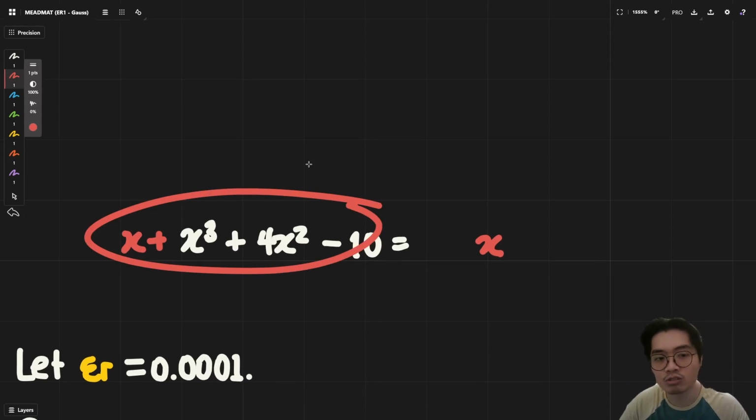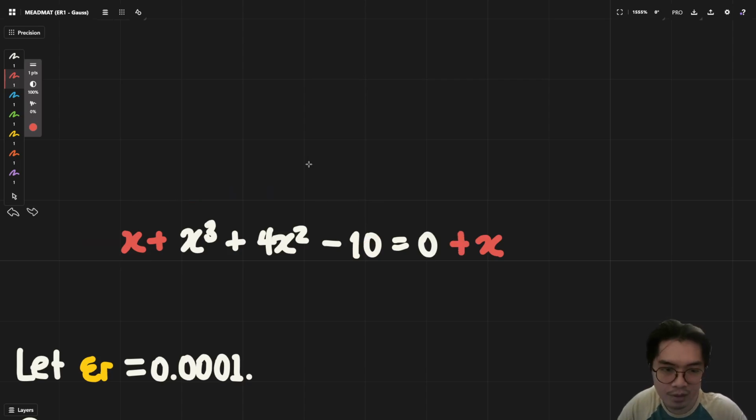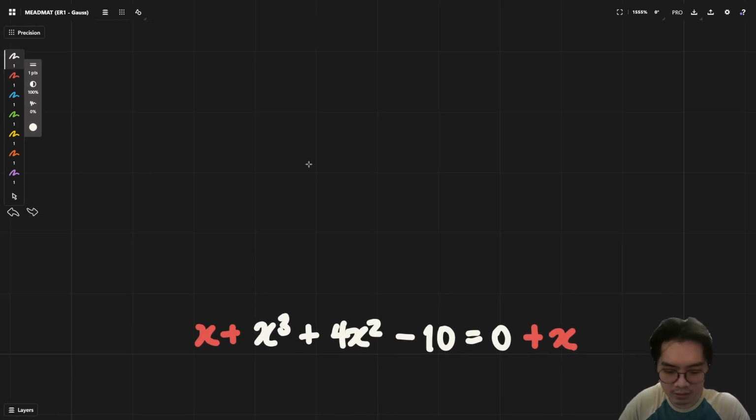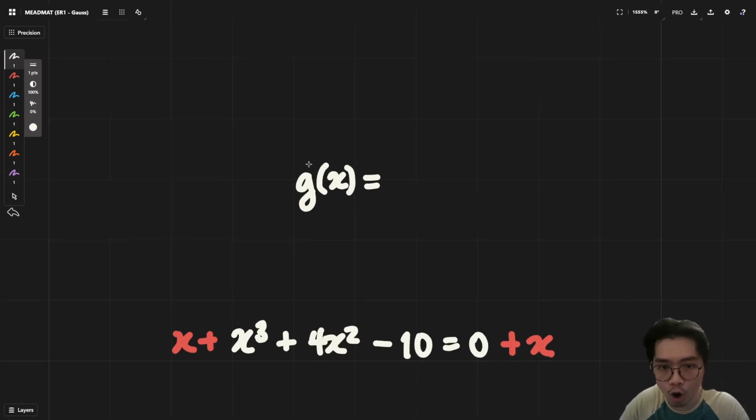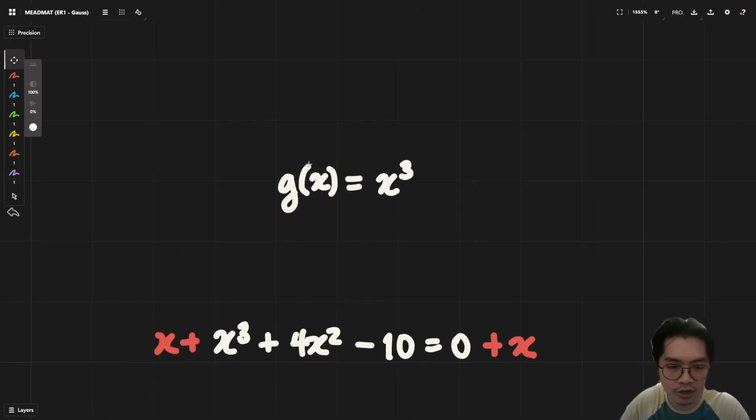You can do that because technically you did nothing wrong. It's just that I have a pretty bad suspicion that this will not lead you anywhere because there's going to be a little note near the end of the iteration method on how to know when something is going to be good or not.